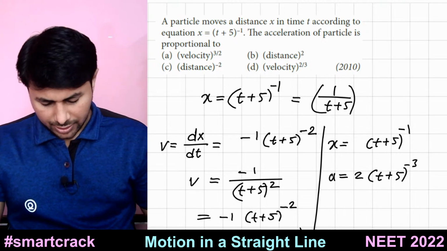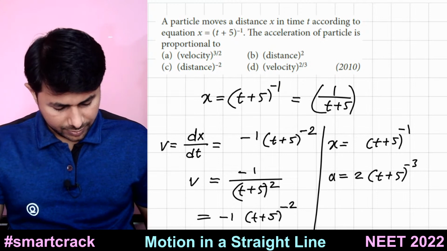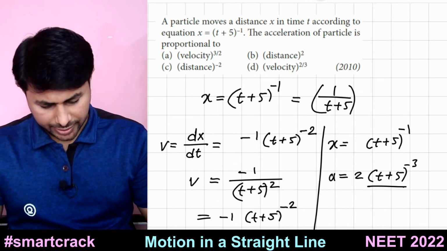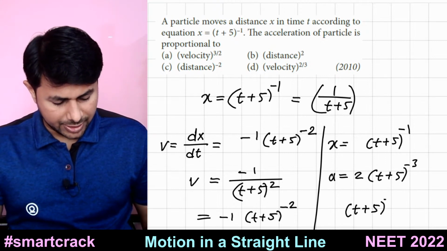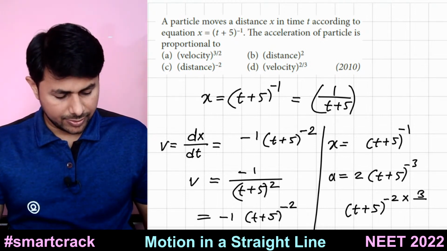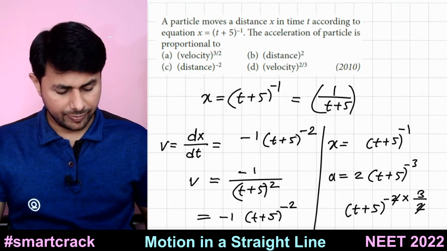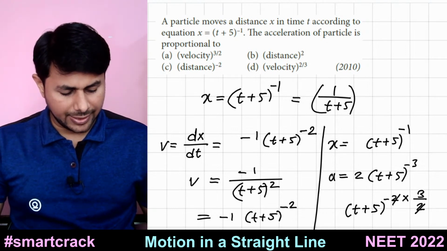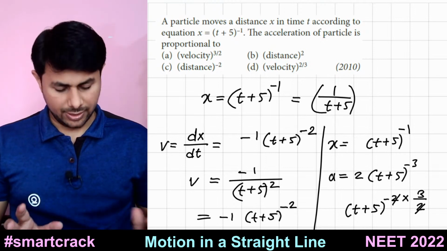So now see here, if I take this formula for velocity, I want what? (t plus 5) raised to minus 3. So what I will do is take this formula for velocity, (t plus 5) raised to minus 2, and multiply this by 3 by 2, so this 2 and 2 get cancelled, right? So what do I get? (t plus 5) raised to minus 3, right?